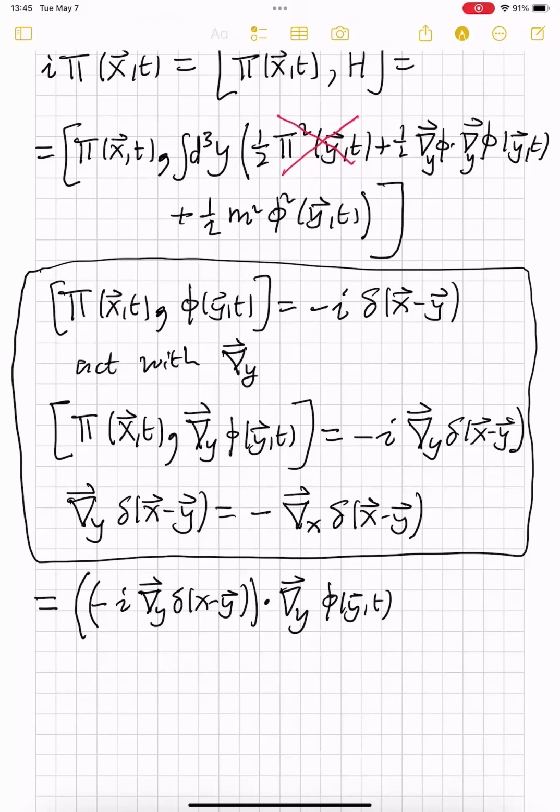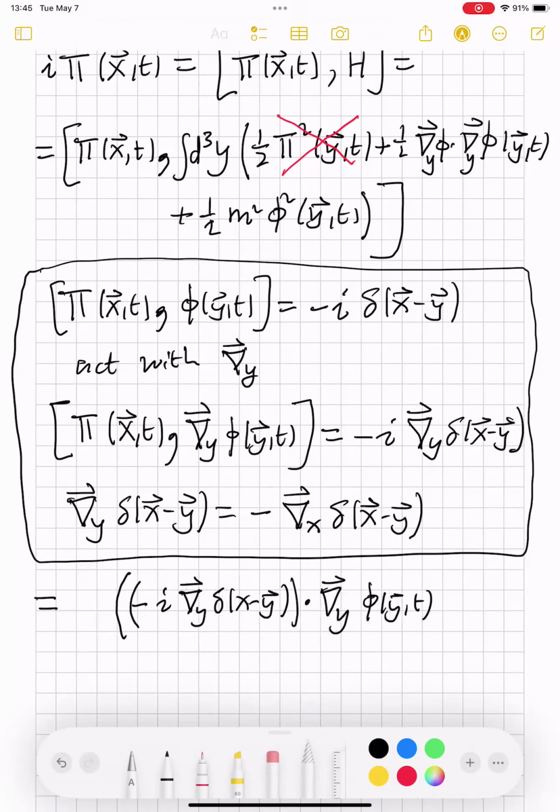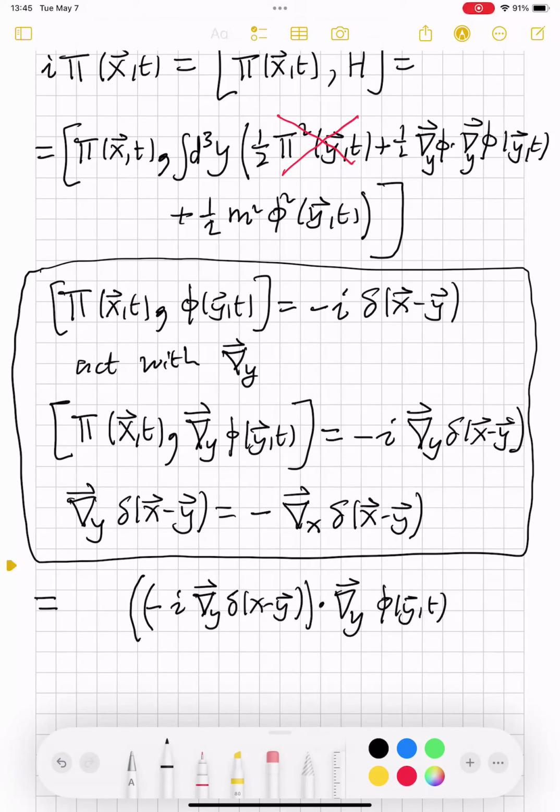Oh, and I do need to not drop my integration with respect to y. So let me just move this over. Good. And let me put in the integration, d3y.